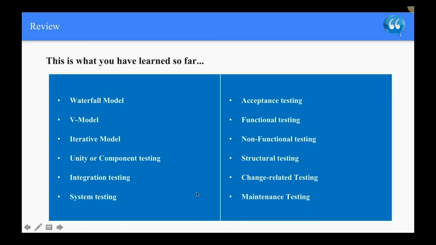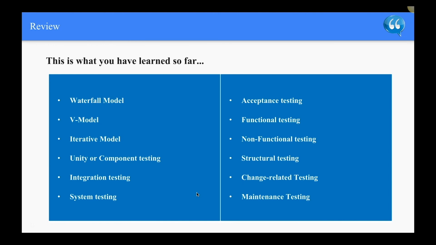Okay, this is a review of what you learned in this section. This is the end of section 2. So far, we talked about the waterfall model, V model, iterative model, and agile methodology.